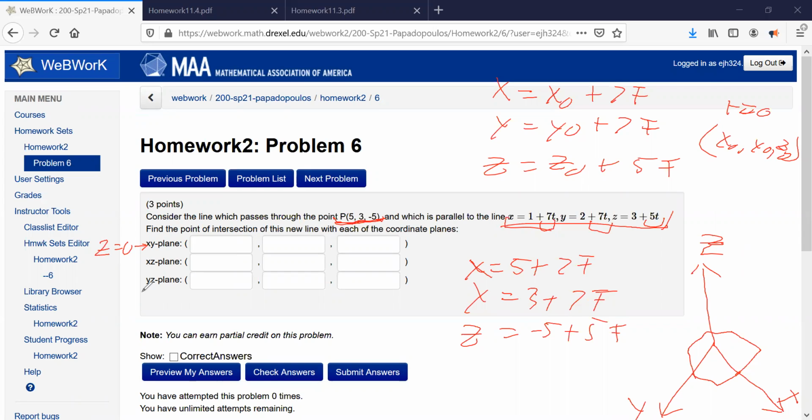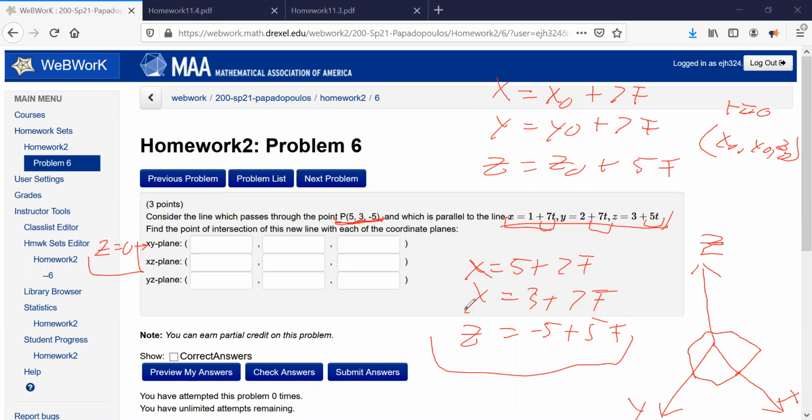So if I have that, what am I going to do? How am I going to find the point of intersection? I just plug that in. I plug Z equals 0 into it, and that gives me a t value. I use the t value to find my point.